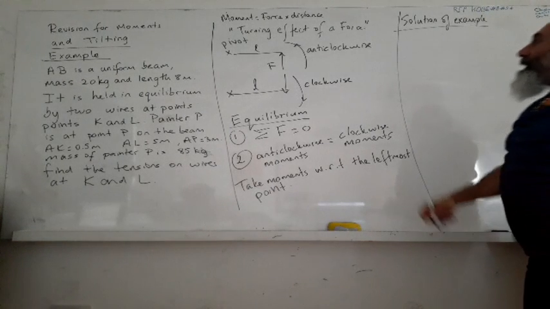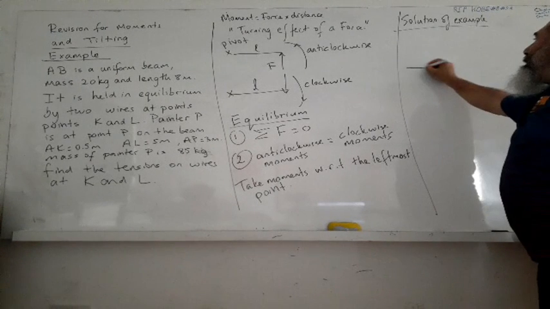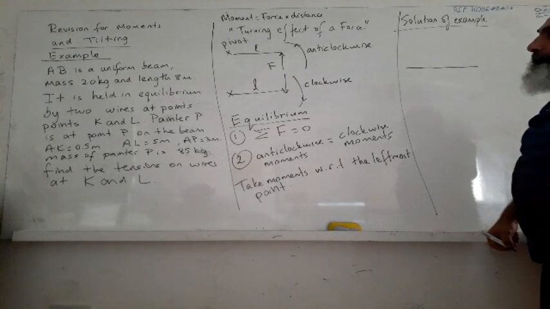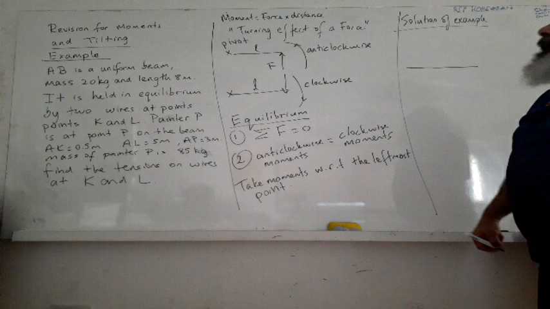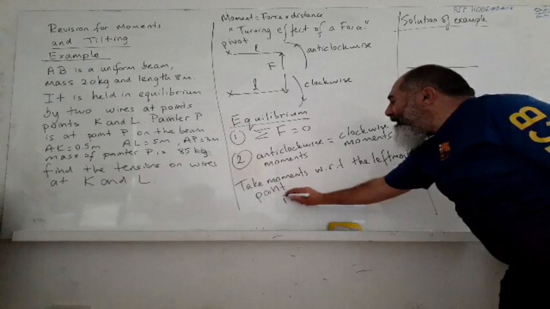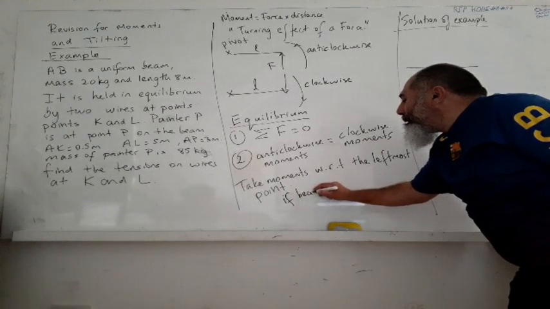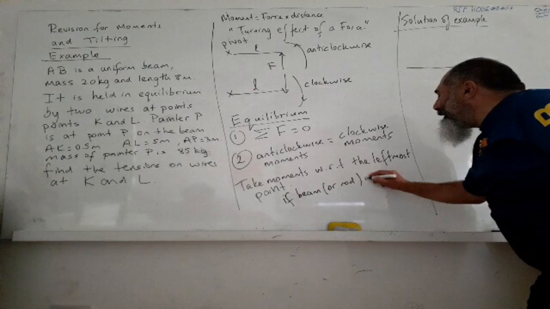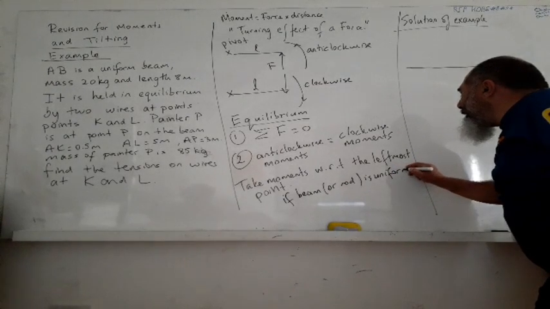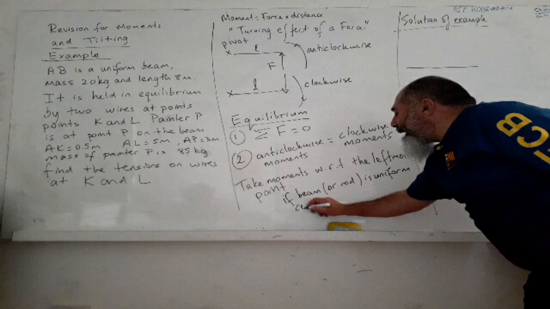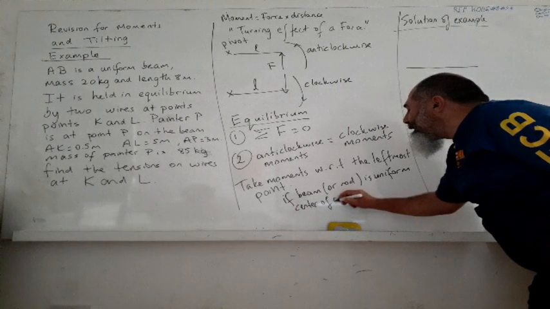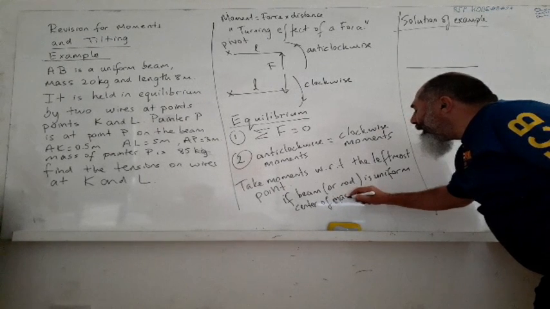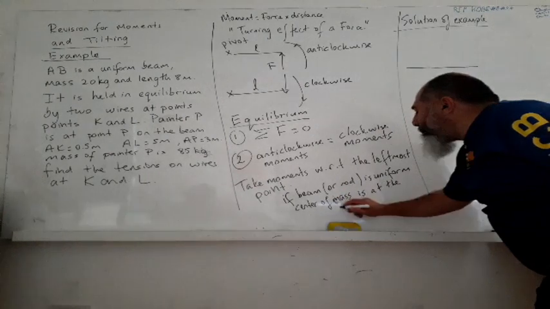We have a rod AB here, a beam AB here, and it is uniform. And what is the meaning of uniform? If the beam or rod is uniform, it means the center of mass is at the midpoint.